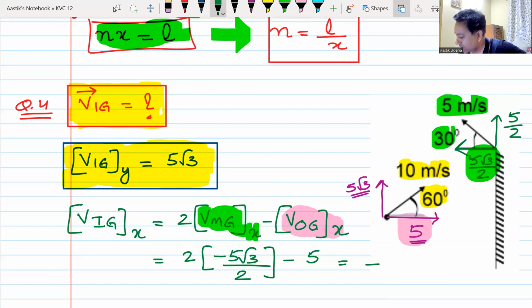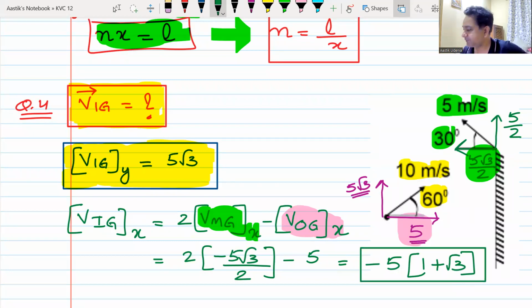So my answer will be minus 5 taken common, 1 plus root 3. Do we understand this? Yes, sir. Everyone in the blue.